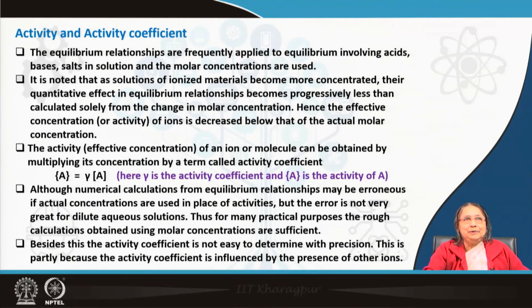So, for practical purposes, we use the concentration term and ignore the activity coefficient. One reason is that it is very difficult to determine. Another is that for practical purposes it is sufficient to use the concentration. We do not always have to use the activity term.